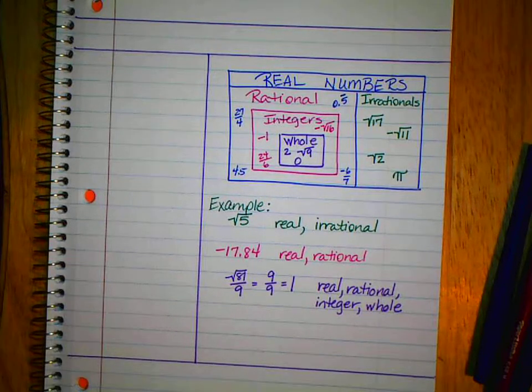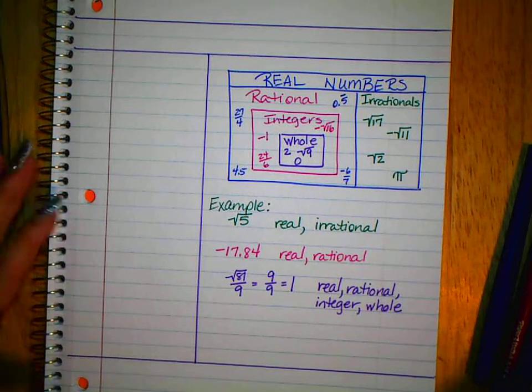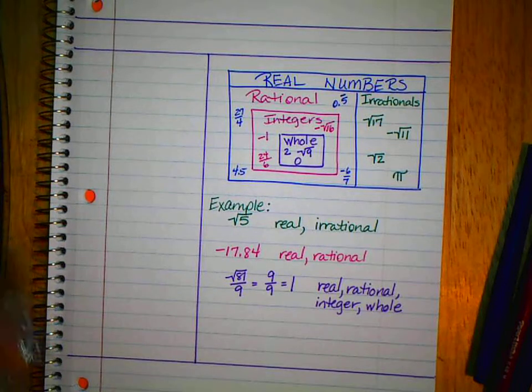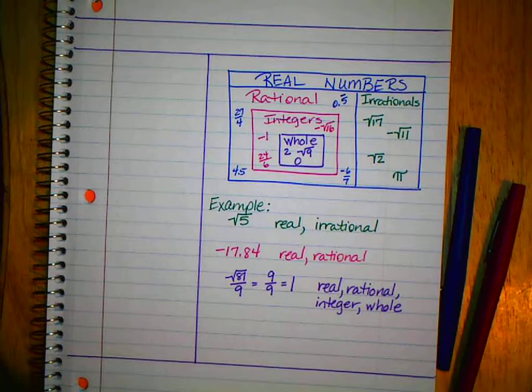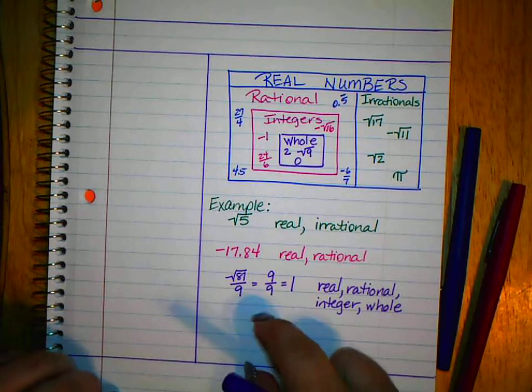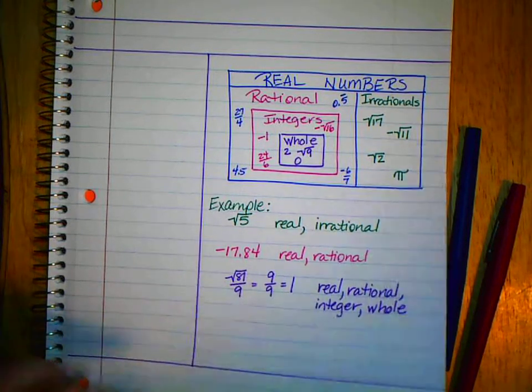You are going to have problems in this lesson that ask you about sets and subsets. And again, I don't have enough room, so I'm going to go ahead and turn my page. This is sets and subsets.